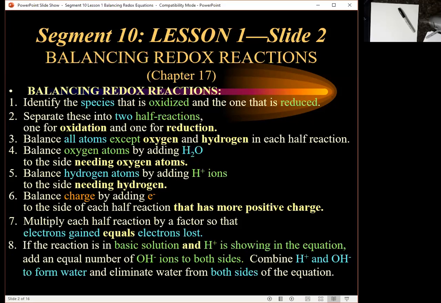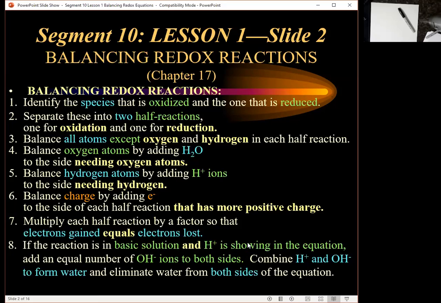If they tell you the reaction is in basic solution, you remember you can't have hydrogen ions in a solution that is basic. They're going to react with the hydroxide ions. So if the reaction is in basic solution and there are hydrogen ions showing in the equation, you add an equal number of hydroxide ions to both sides, and then the hydrogen and the hydroxide will form water on one side, and you will show OH- on the other side.